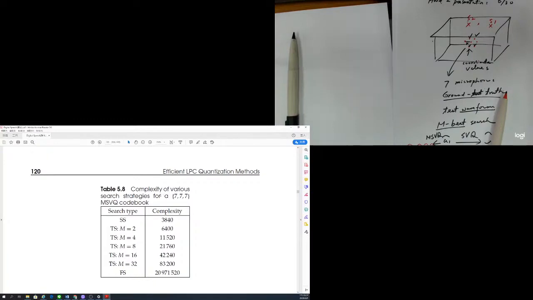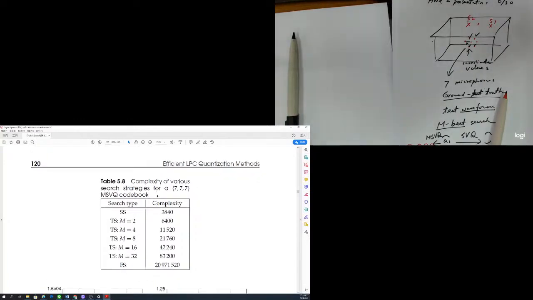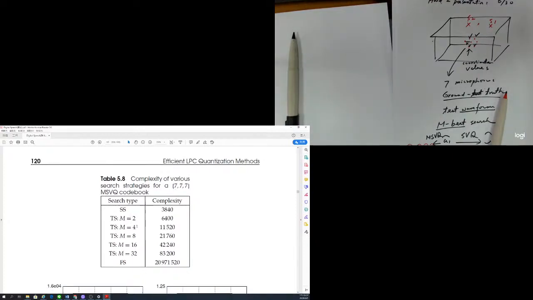Okay, another one, the search strategy. For one codebook, for example, you partition into three stages. You can see the full search complexity is so high.